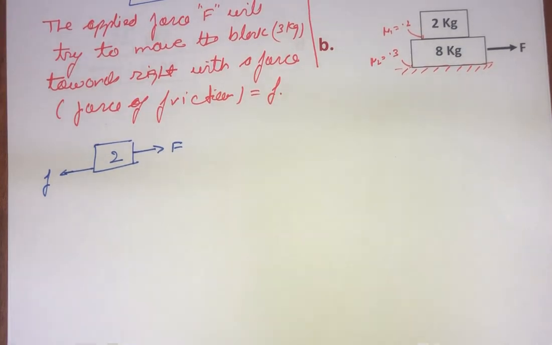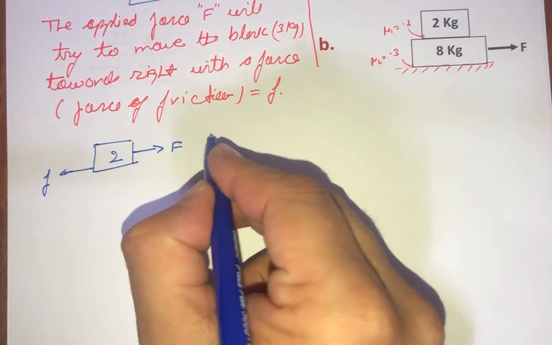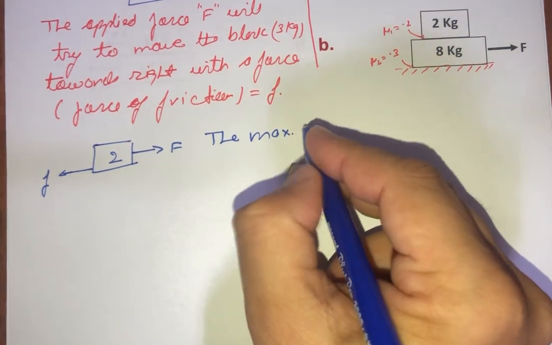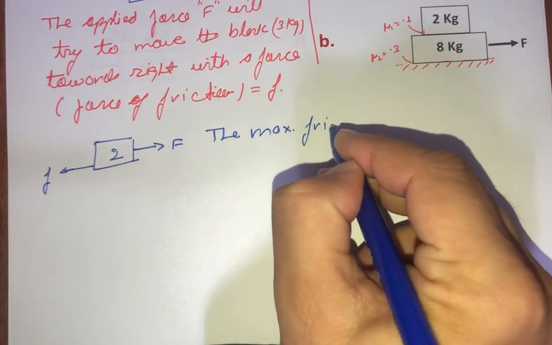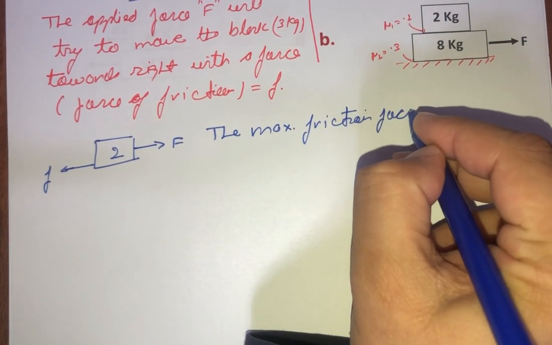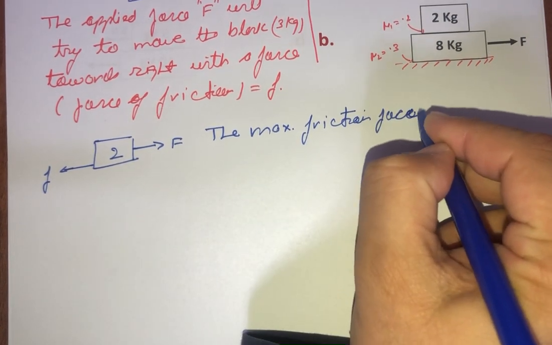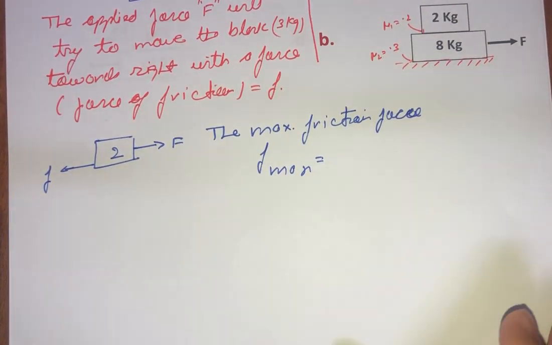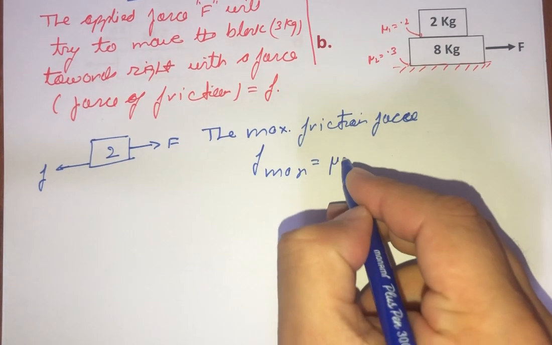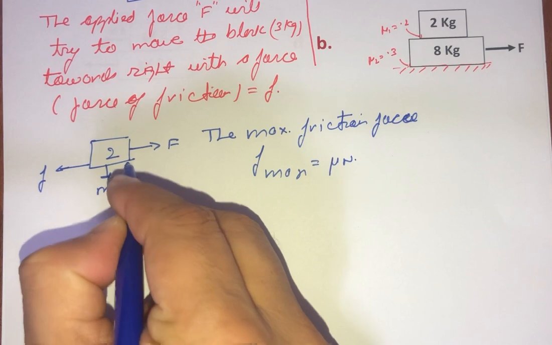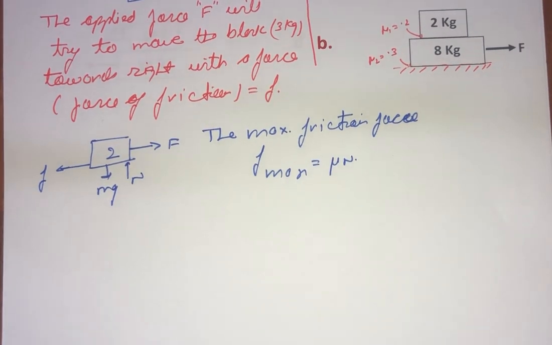So we can find out the maximum force of friction, the maximum frictional force, let us call this F max, which will be equal to mu N. This will have mg in the downward direction and there will be normal in the upward direction.